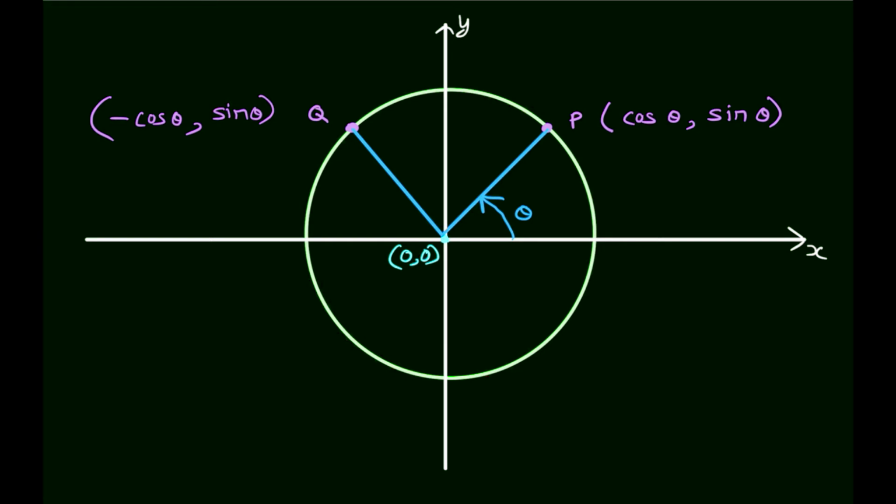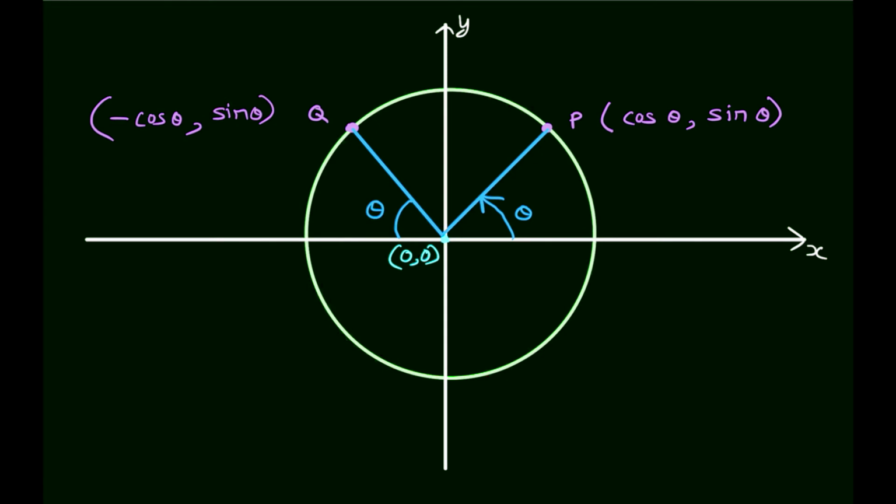Now let me write the coordinates of point Q by first getting the angle of point Q. Since both these points are on the unit circle, if point P is making an angle of theta with the horizontal, then point Q will also make an angle of theta with the horizontal. So this little angle will also be theta.